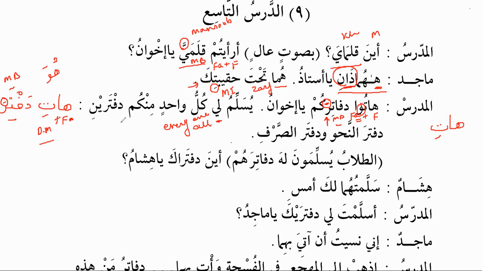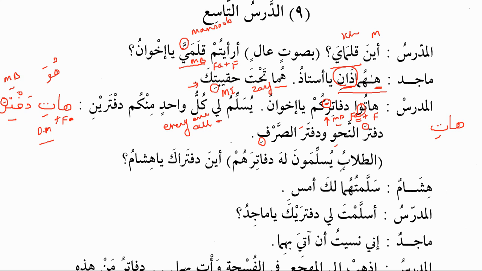So what are those two notebooks? Daftaran nahwi, and you can see this is the fatha, and it's in mansoob case, daftaran nahwi wa daftaras sarfi. So all in idafa, you can see all in idafa.